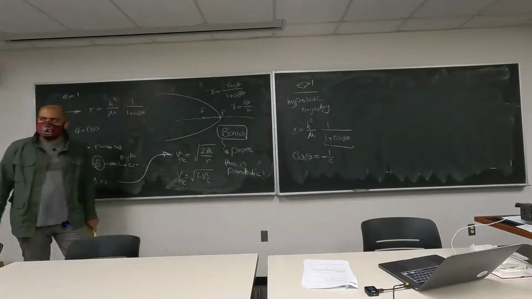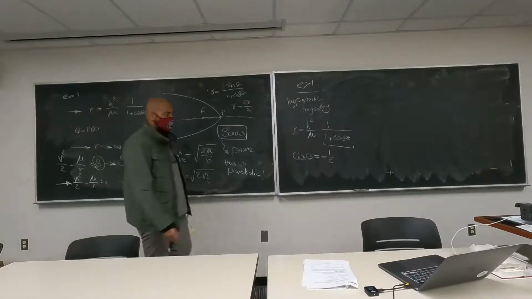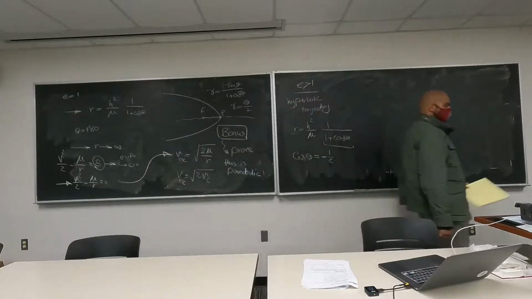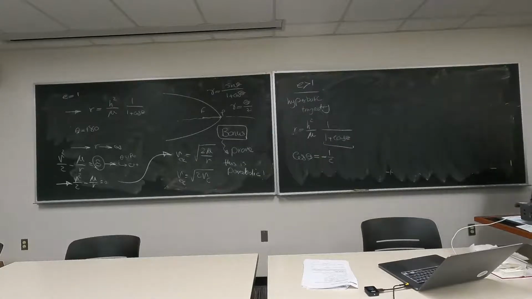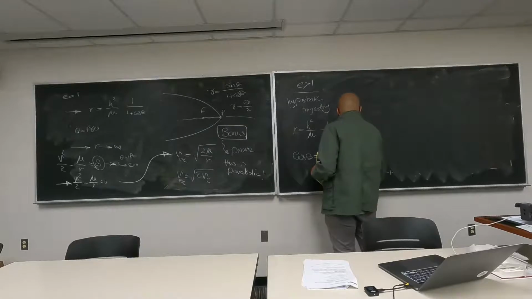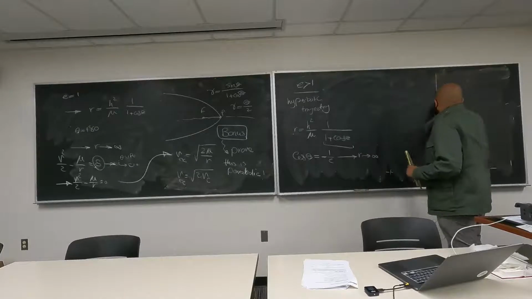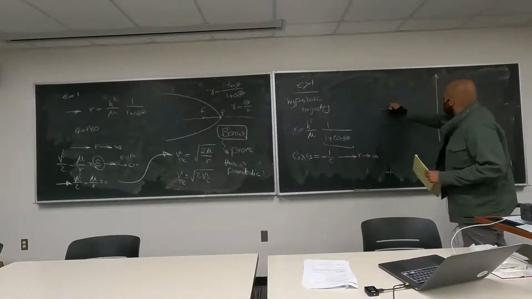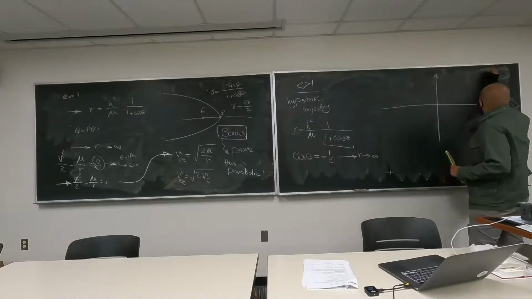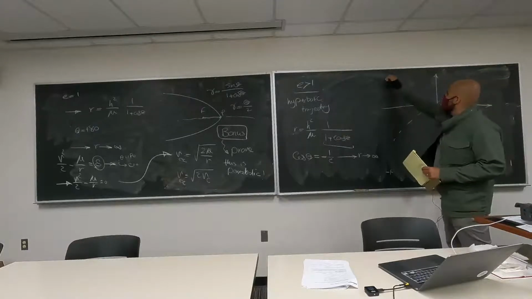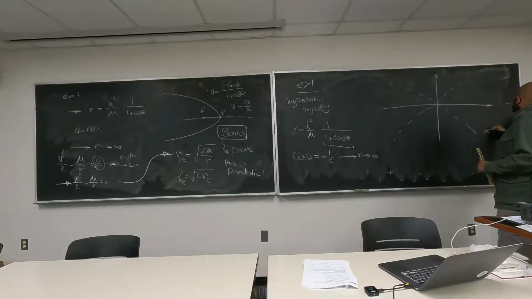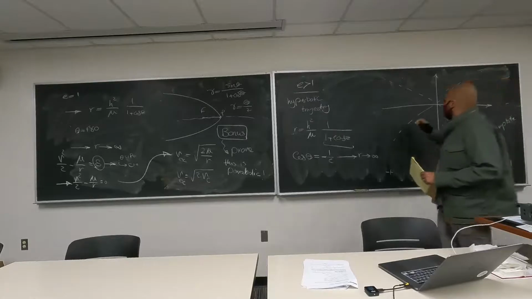When that's the case, and that can happen, cosine of theta is equal to 1 over e, at which point your r is going to approach infinity. In a hyperbolic trajectory, we are going to have 2 asymptotes. You're going to approach these lines at infinity.